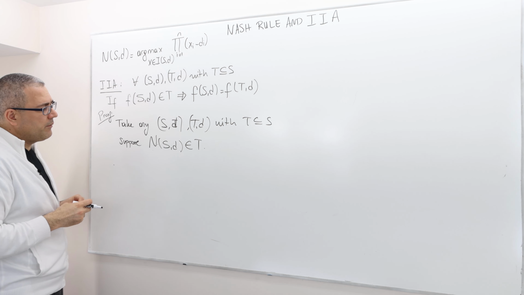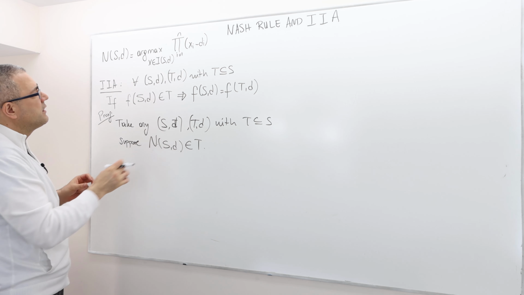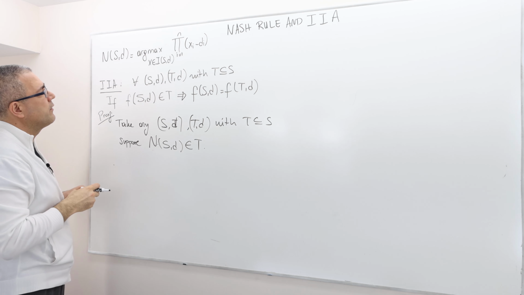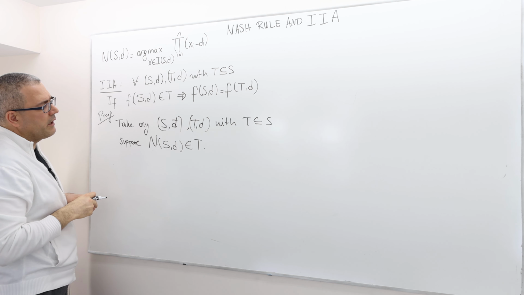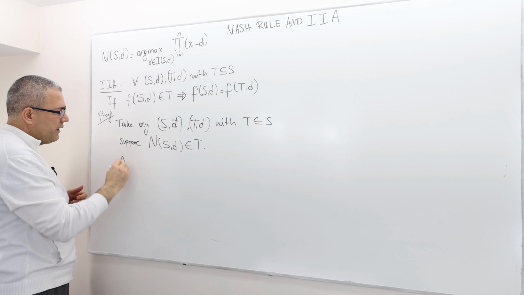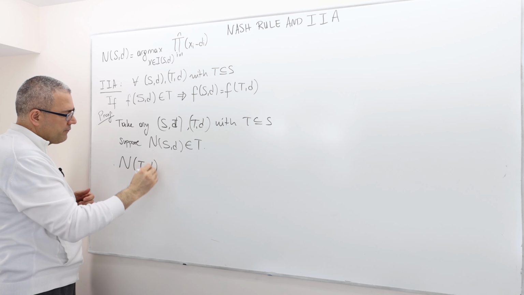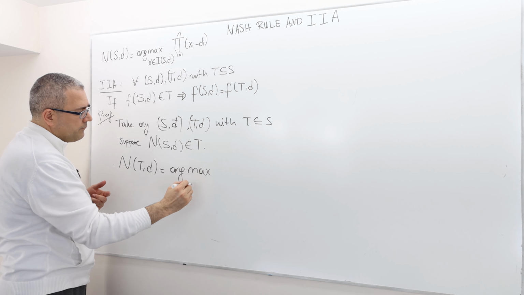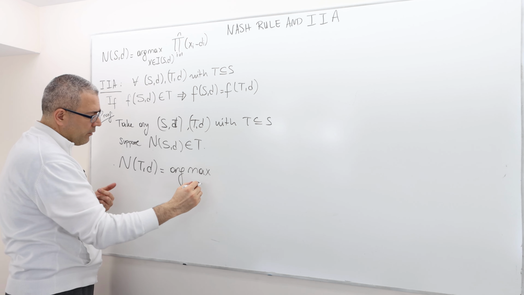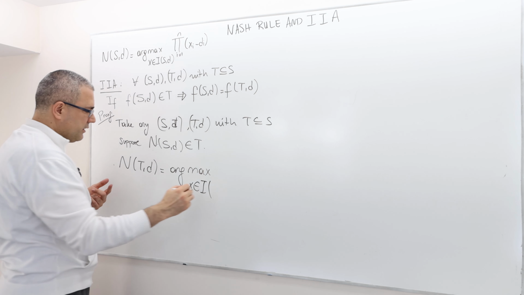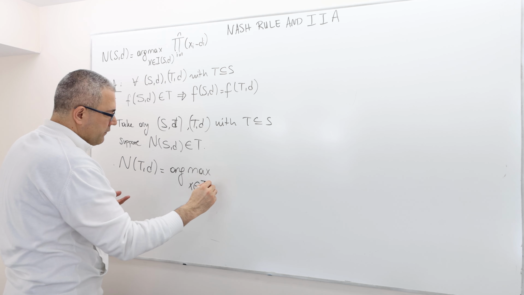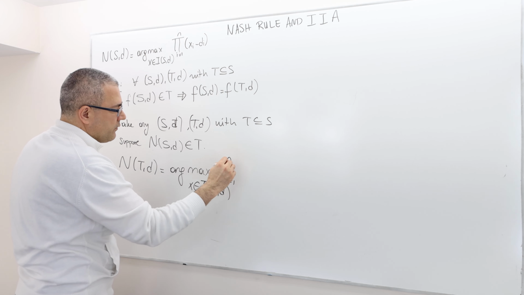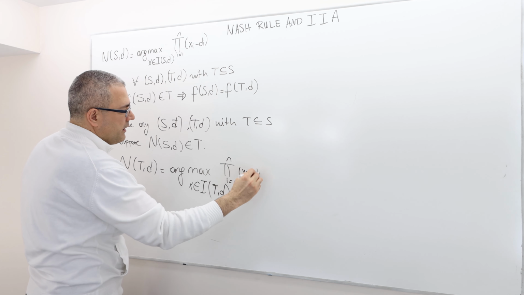Well, what does that mean? Remember, the Nash solution is an argument that maximizes this payoff. Do I need to write it? Not necessarily, but what is N(T, d)? N(T, d) is the argmax, where x comes from the individually rational set of payoffs in (T, d), of the product over i from 1 to n of xi minus di.